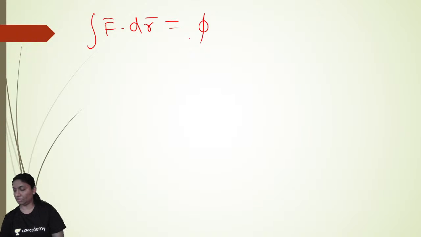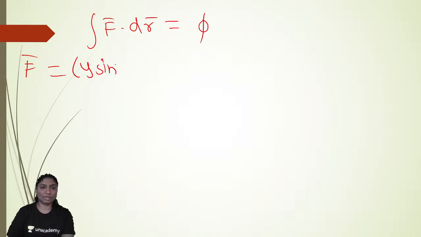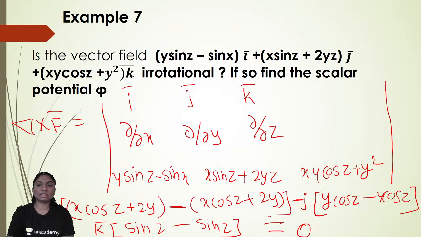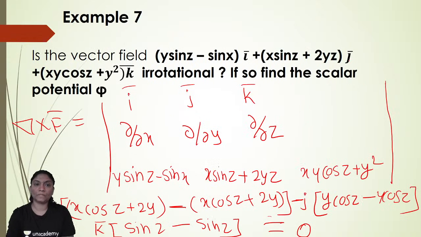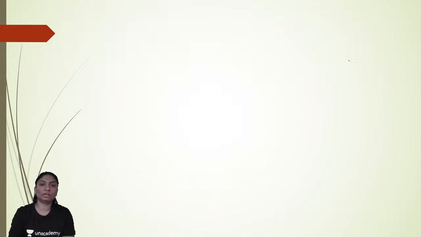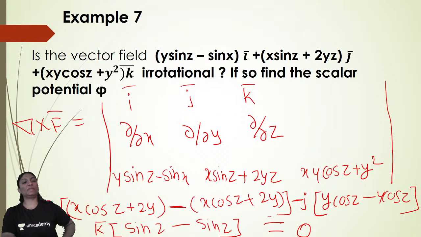First, I am writing F bar here: F bar is (y sin z minus sin x) i bar plus (x sin z plus 2yz) j bar plus (xy cos z plus y square) k bar.